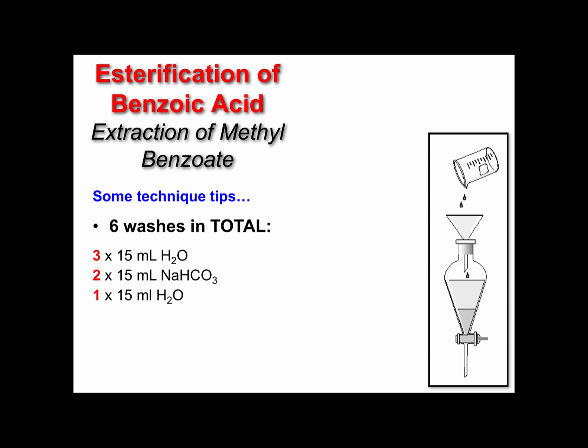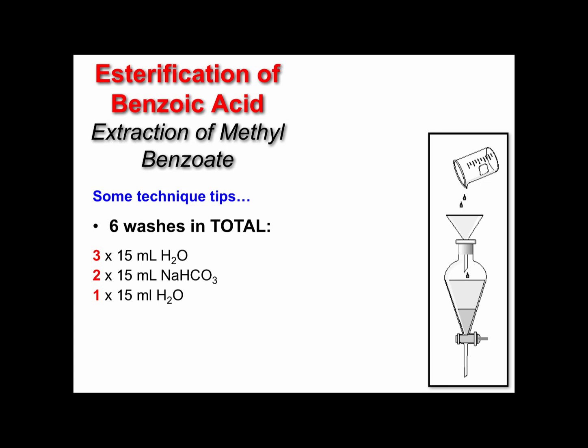Then you're going to proceed to washing it with bicarbonate. Bicarbonate solution, as bicarbonate is shown here, is a base, so it will mop up any excess acid. It will also deprotonate any unreacted benzoic acid. You're going to do 2 washes with sodium bicarbonate.